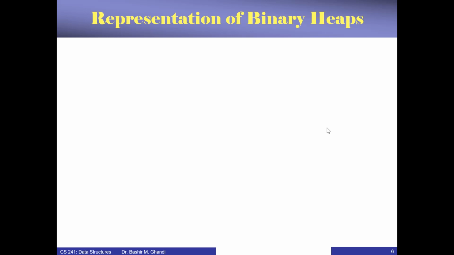The next question we need to answer is, how do we represent it in our program? So far, most of the data structures we have learned in this course are best implemented using link structure.